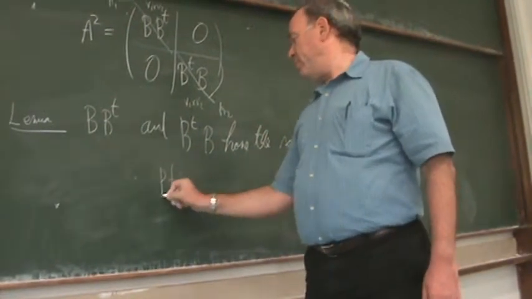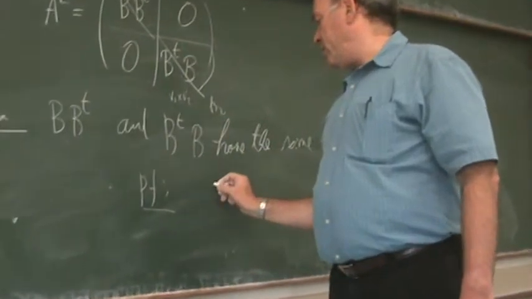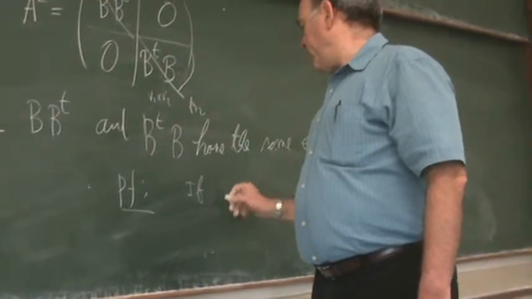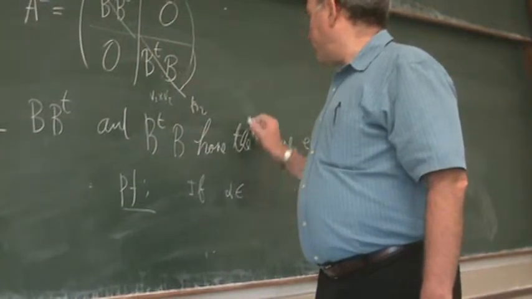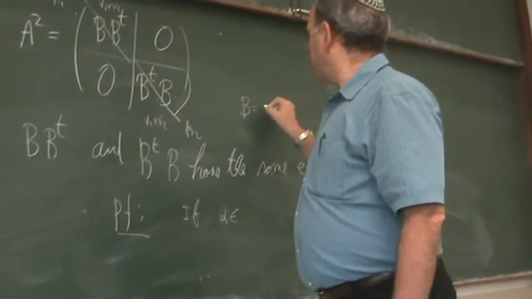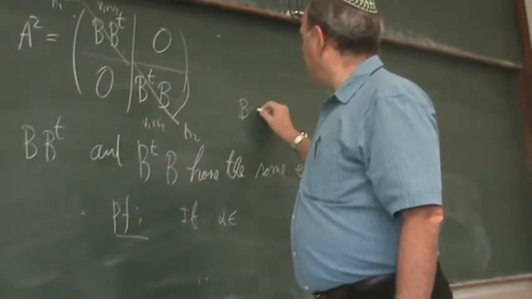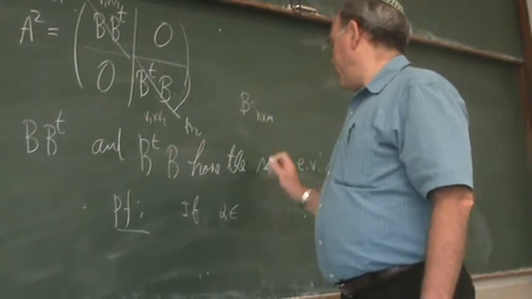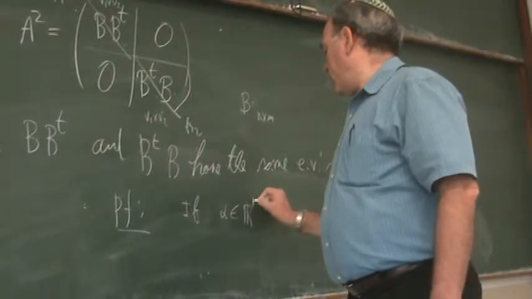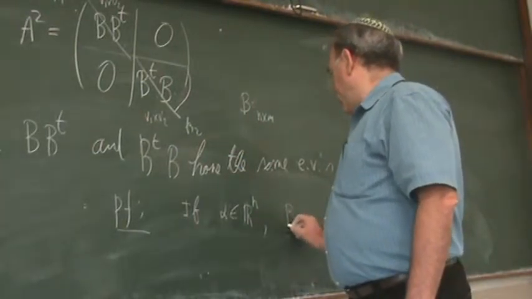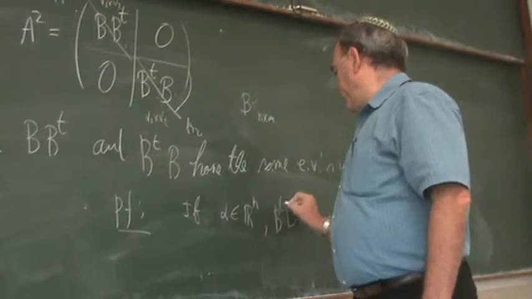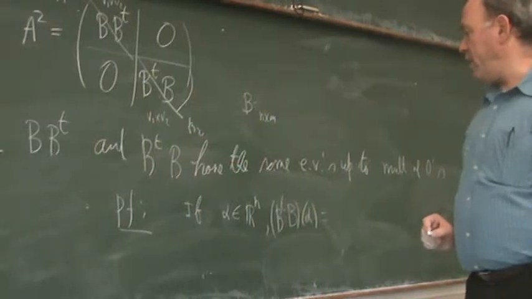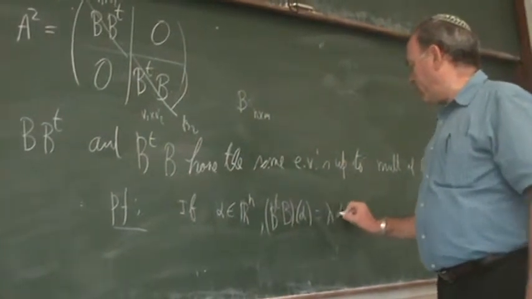Well, the proof is not difficult. Let's say that B is a matrix which is n by m, and alpha is a vector in R^n, and B^TB of alpha, which is an n by n matrix, is equal to lambda alpha.